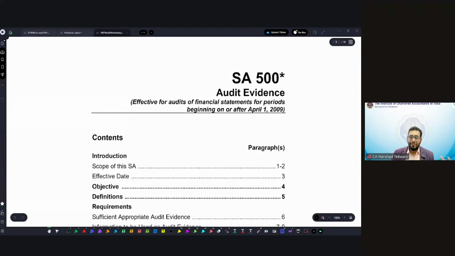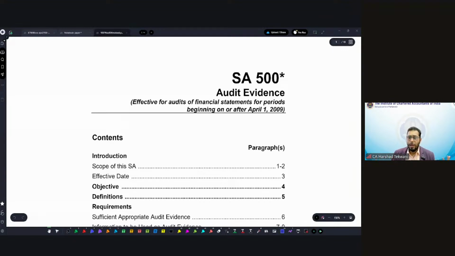And when we talk about sufficient and appropriate audit evidence, sufficient means the quantity, the amount of audit evidence that can help you validate the quantitative aspect of the financial number, for example completeness and accuracy.